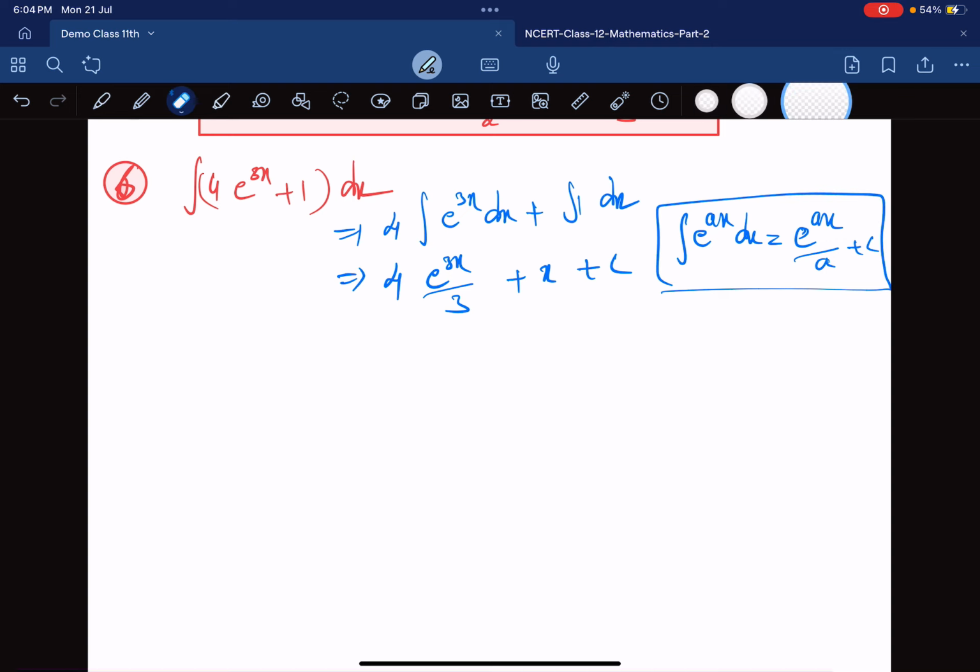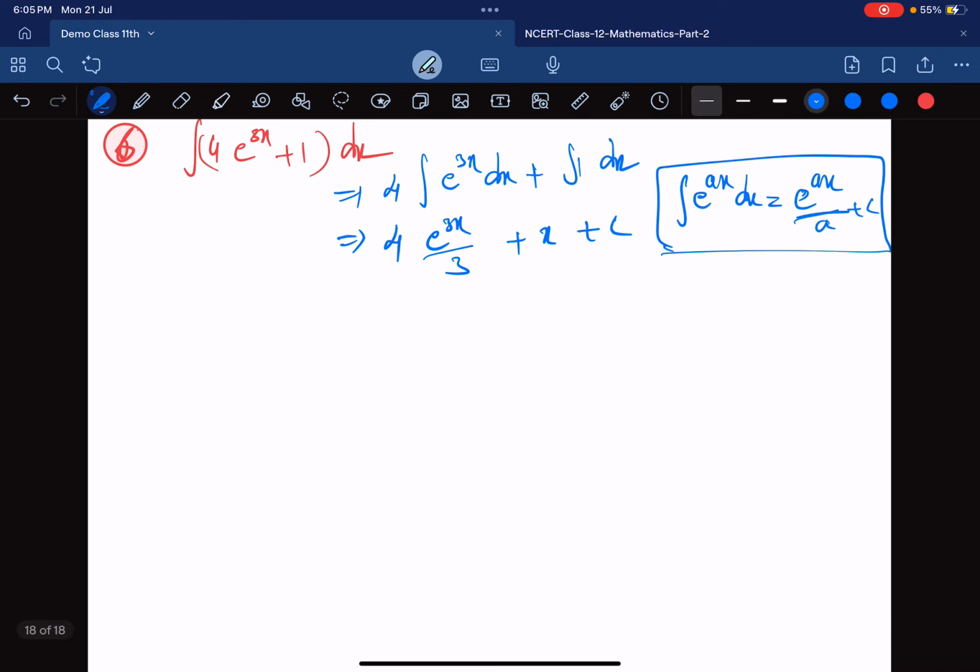Remember that for the function e power ax, in differentiation you write a into e power ax, but in integration you divide by a. The x coefficient is written in the denominator. That is the integration of e power ax dx.